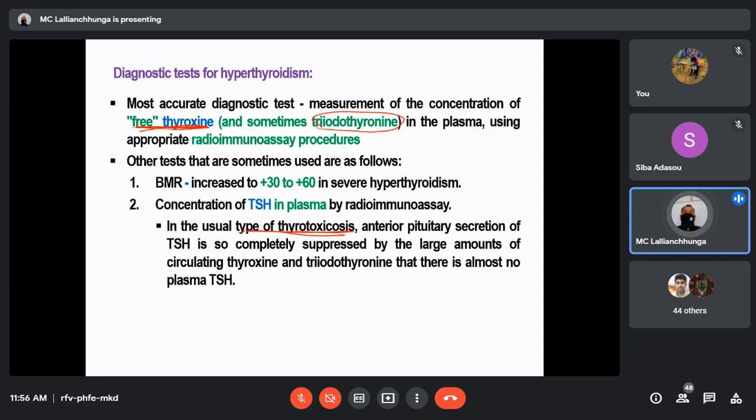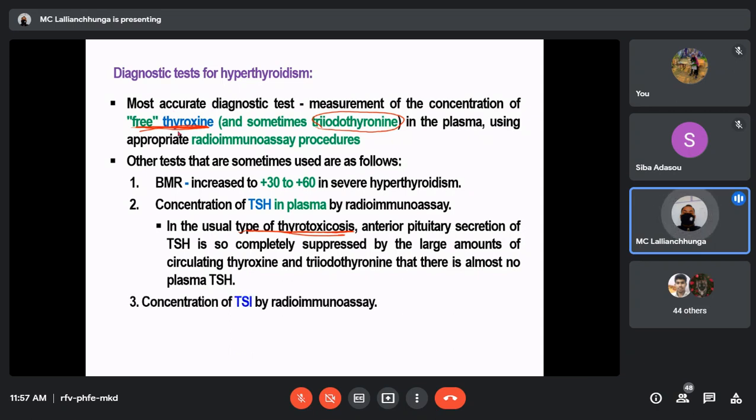In this condition, anterior pituitary secretion of TSH is so completely suppressed by the large amount of circulating thyroxine and T3 that there is almost no plasma TSH. So plasma TSH will be very low. But in the first test, for example, the T4 value will be very high because it is hyperthyroidism.